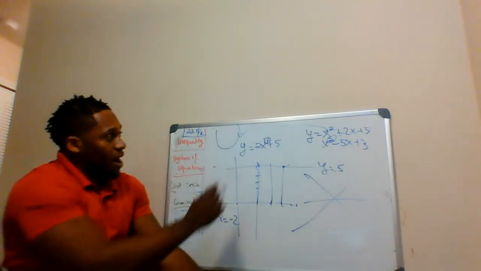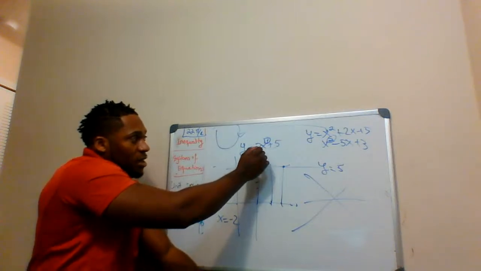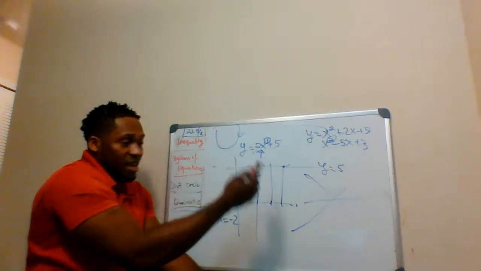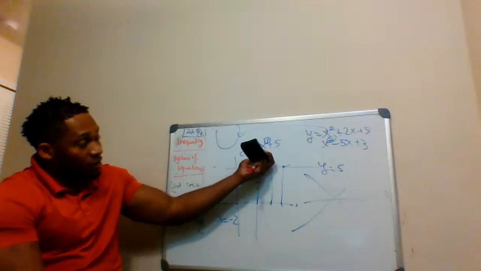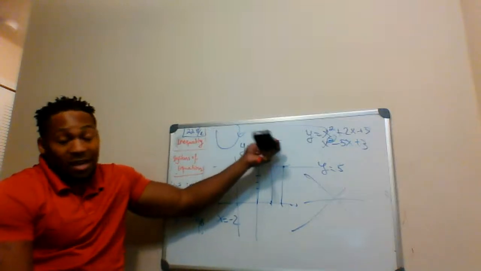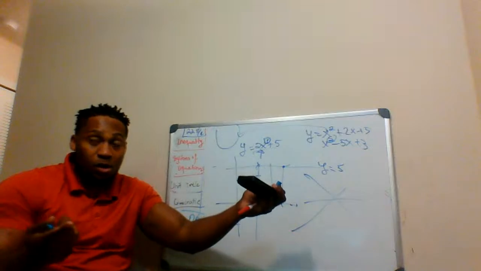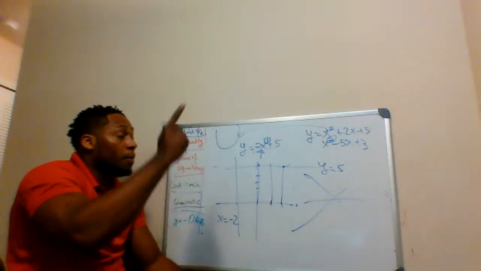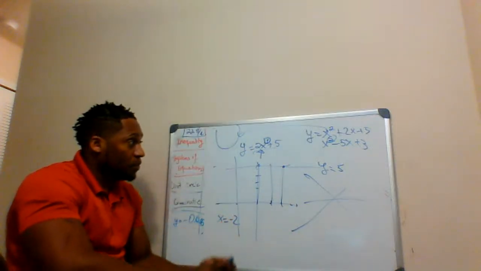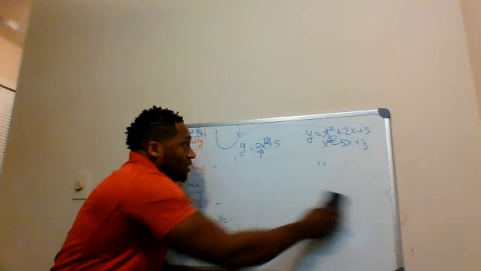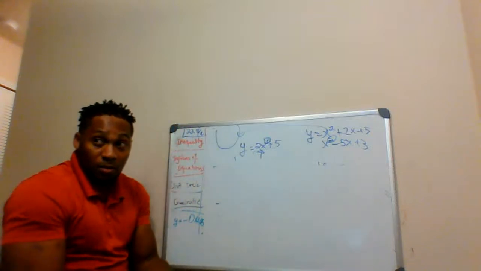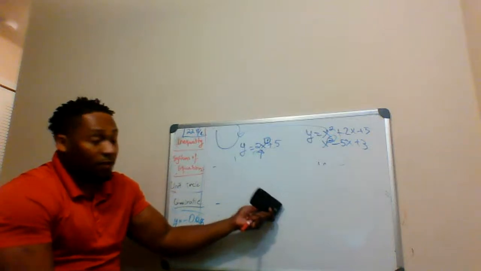Why is this linear? Because every time I increase x, all I have to do to get y is multiply by 2 and add 5. If x is 1, 2 times 1 is 2, plus 5, 7. If x is 0, 2 times 0 is 0, plus 5, 5.